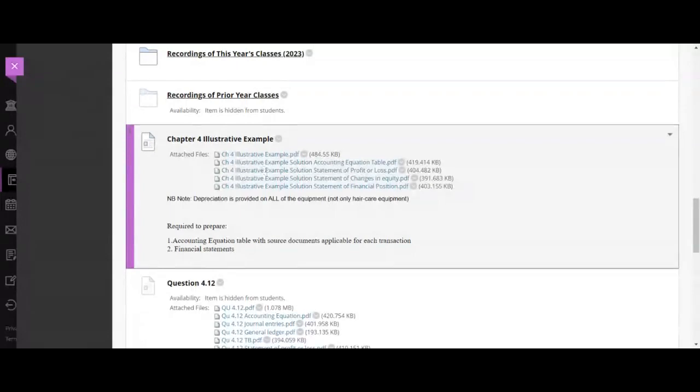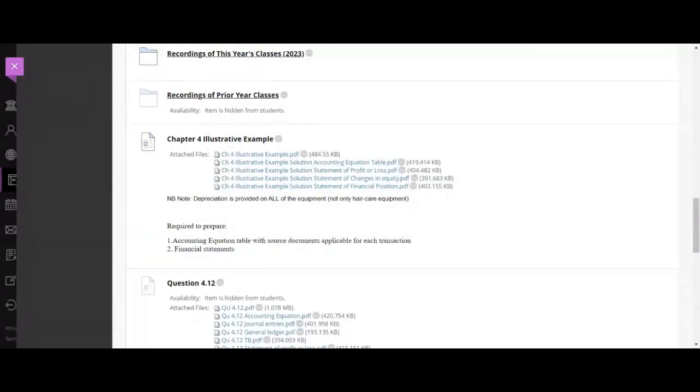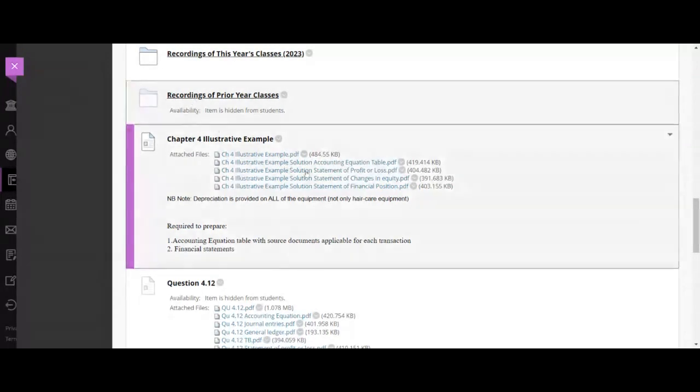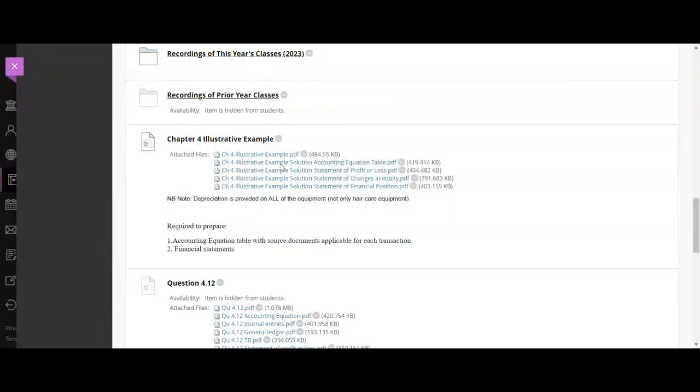So I'm going to start with the accounting equation, and then we're going to look at those 3 financial statements. I thought I heard a beep there, but no. So I'm going to click on the accounting equation solution, but now I've just got to go and share it.